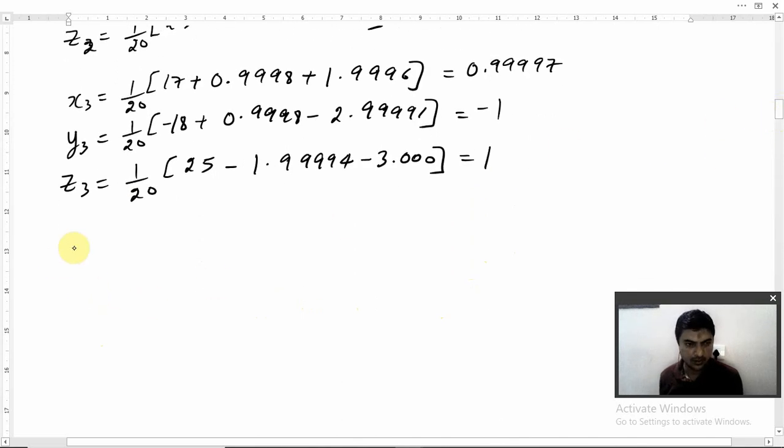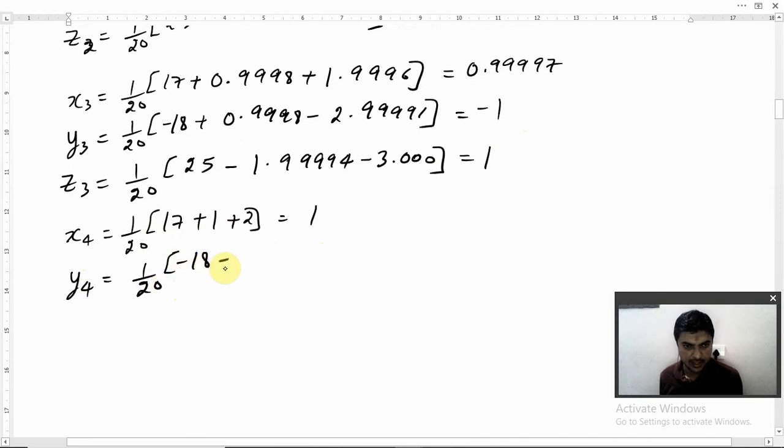Similarly, if you start for x4, so fourth iteration x4, 1 upon 20, this is 17, no change, plus minus into minus plus runs, y substitute this 1 directly, plus 2z, z is 1, so directly will take 2, which is equal to 1.